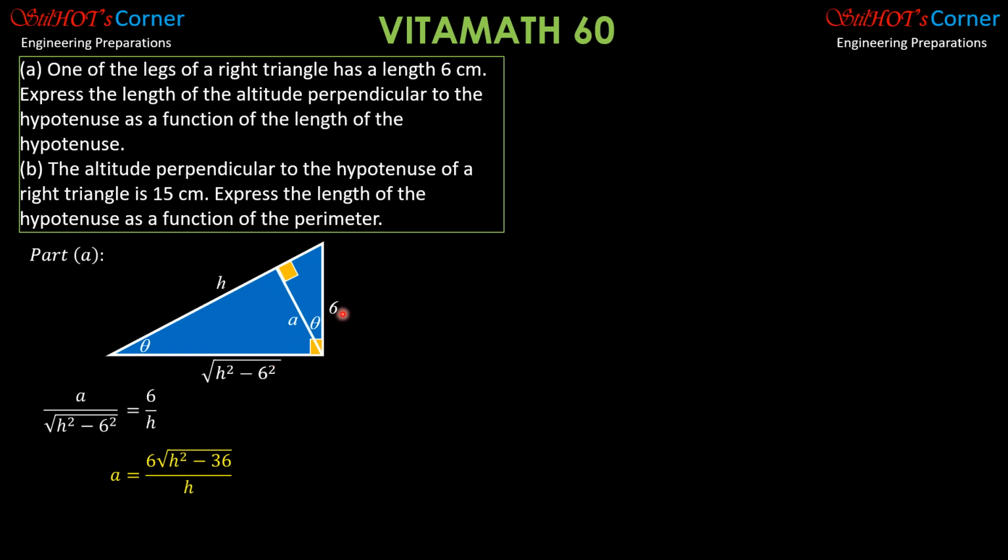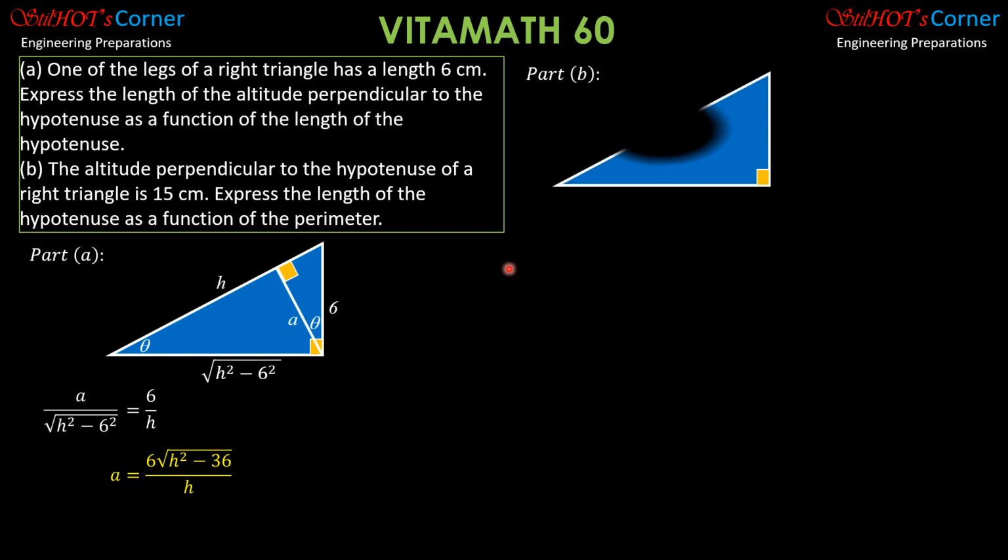For the second part, we will denote this as b. This is square root of h square minus b square, and the hypotenuse is denoted by h. So that's the hypotenuse. This is b, and the altitude to the hypotenuse is denoted by a, and it is equal to 15. And this is b, theta, theta.